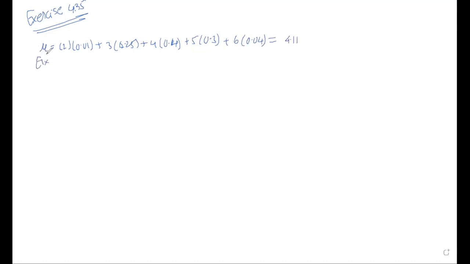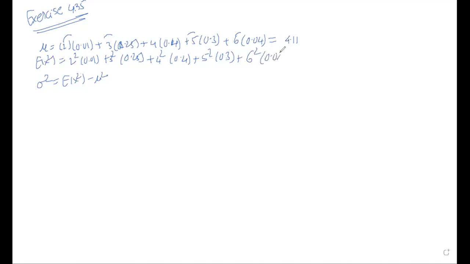And then after I want E of x squared, because you know the variance definition, sigma squared is equal to E of x squared minus nu squared. So E of x squared means I need to take the square of all these values. If I take 2 squared and 0.01, plus 3 squared and 0.25, plus 4 squared and 0.4, plus 5 squared and 0.3, plus 6 squared and 0.04, whatever number you get, that is some 17.63.